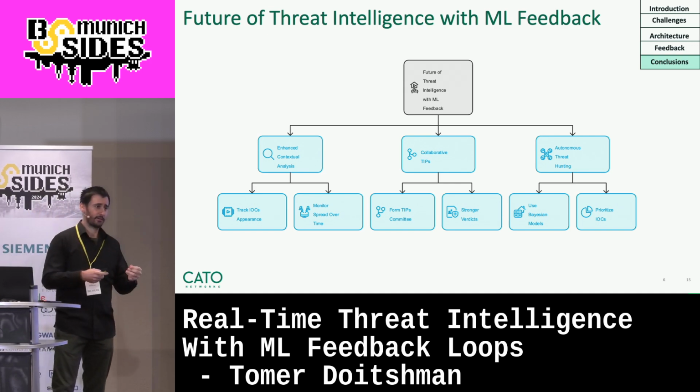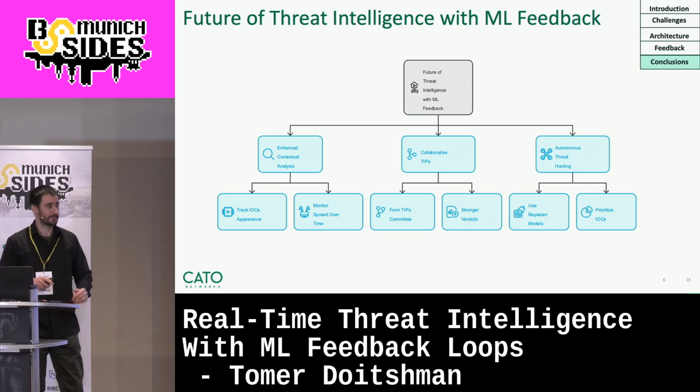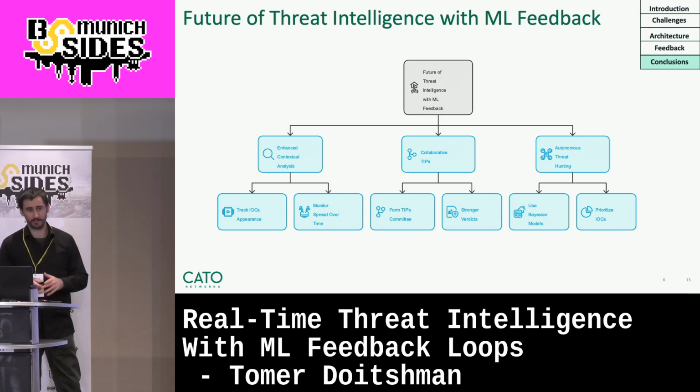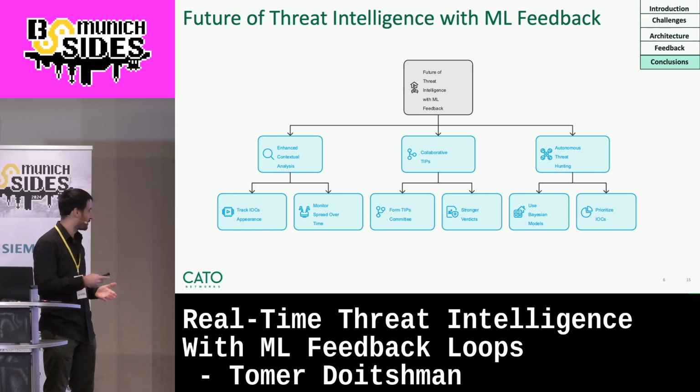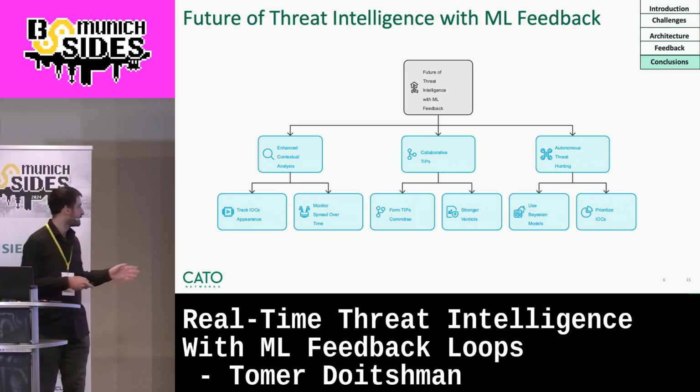Let's say on Sunday I saw this IOC on 2 hosts, but 1 week later all of the network started to use it. So seeing this propagation process can tell us a lot about this IOC. It also can help us to understand some lateral movement, maybe if it's a malicious IOC.